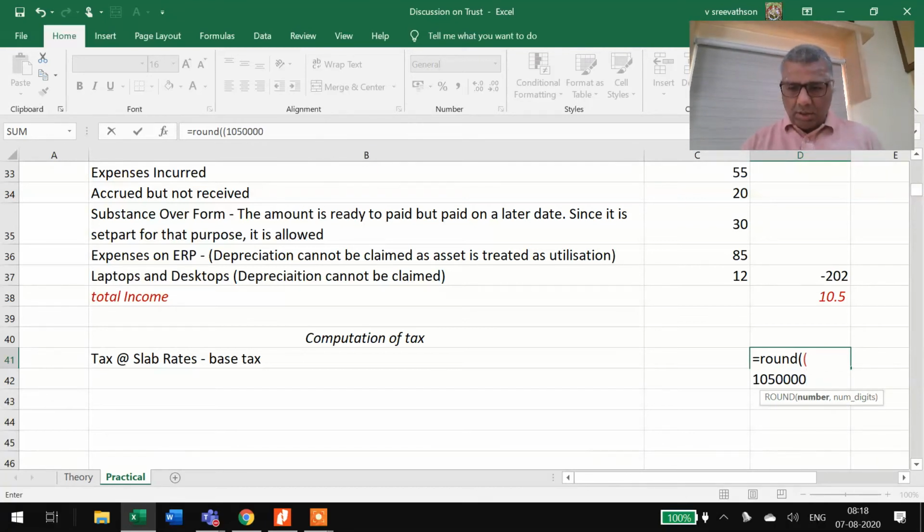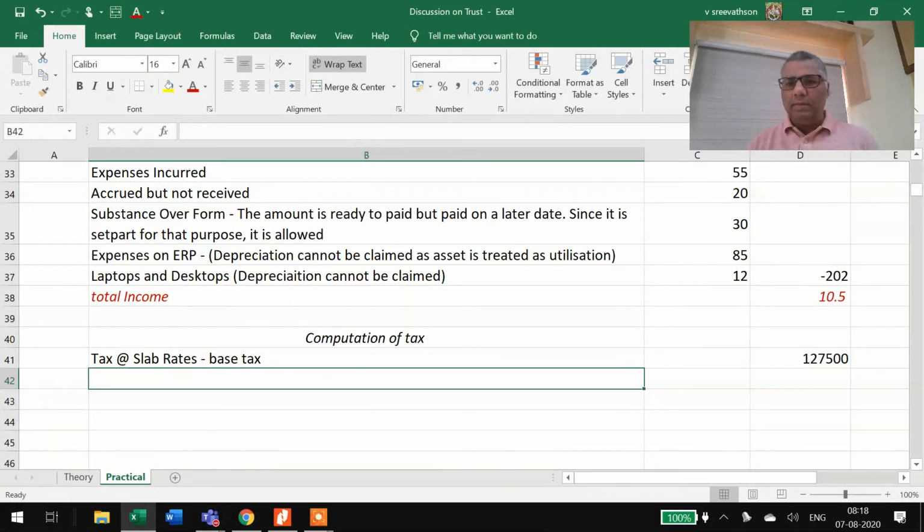10,50,000 minus 10 lakh into 30% plus 112,500. So 50,000 into 30% plus.